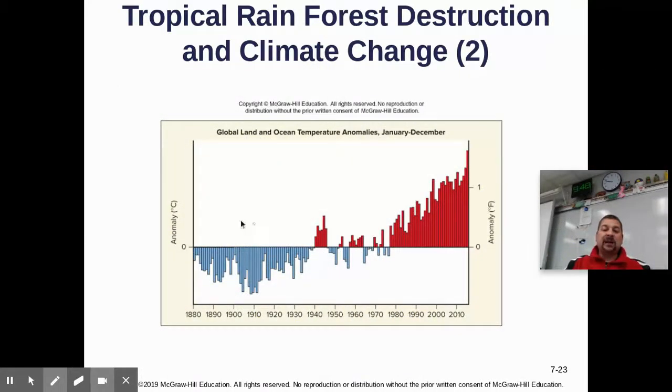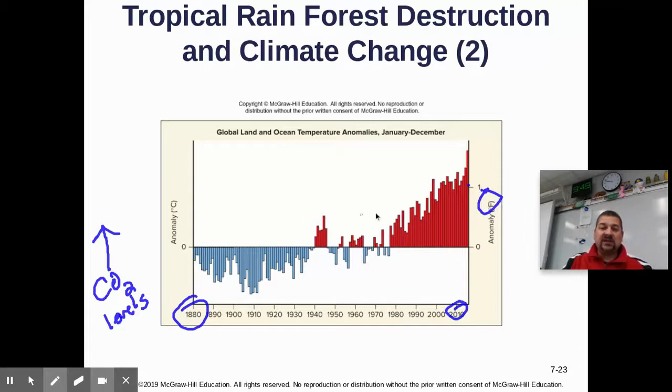And that's where this problem becomes apparent, because throughout history, from 1880 to 2010, as long as we've had records, you see that as we've increased CO2 levels, the average mean global temperature has gone up just over about 1 degree Celsius.